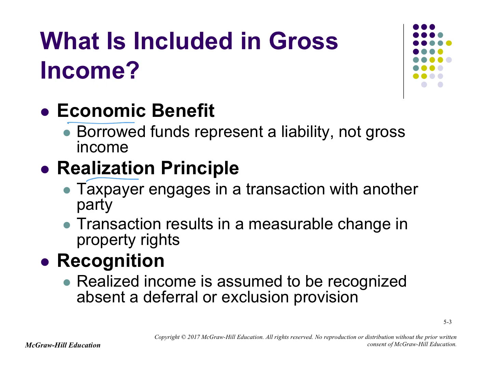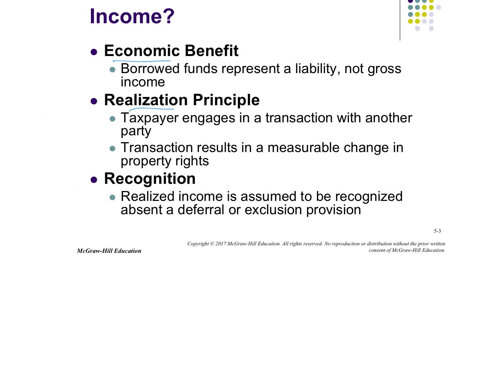So let's talk about this right now. I think the economic benefit part is easier to get your arms around. Let's talk about the difference between realizing and recognizing. Let's assume I purchase a stock.